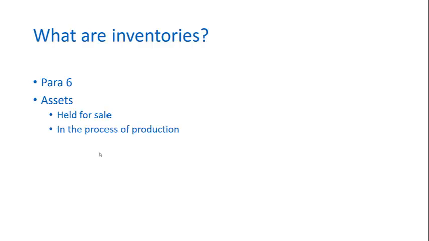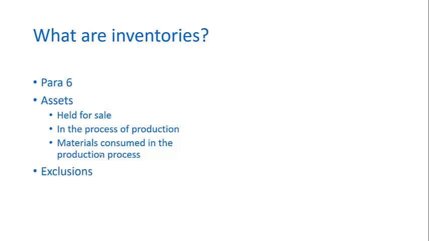In the production process, work in progress, materials consumed in the production process, raw materials, or maybe materials which are used in the provision of a service. So clearly this is part of the firm's business operating cycle. There are some exclusions: biological assets, financial instruments, and the exclusions are probably going to signal to you that this is because they're addressed in a different accounting standard.